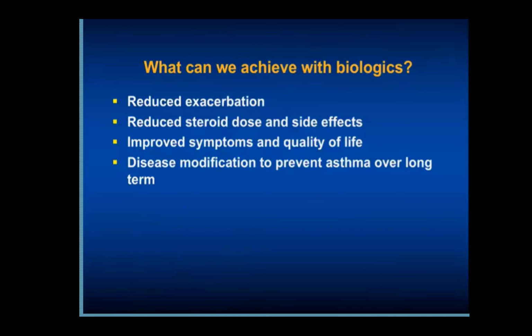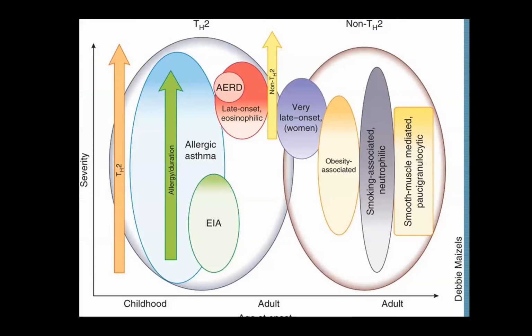So steroid dose goes down. Improve symptoms, improve quality of life, big time. And disease modification to prevent asthma over the long term. So we're hoping that we don't have the remodeling that is so problematic for our patients.